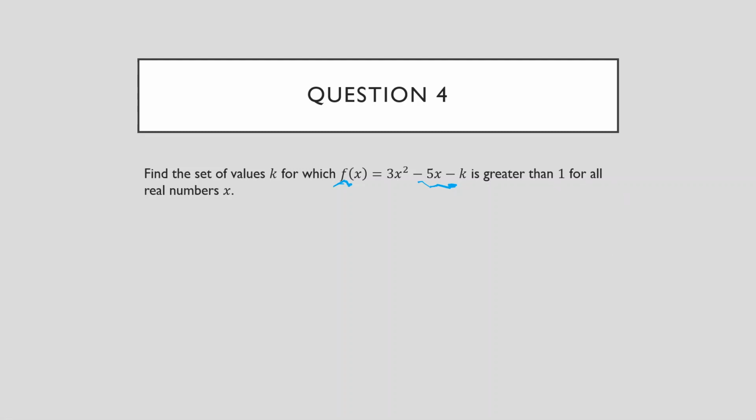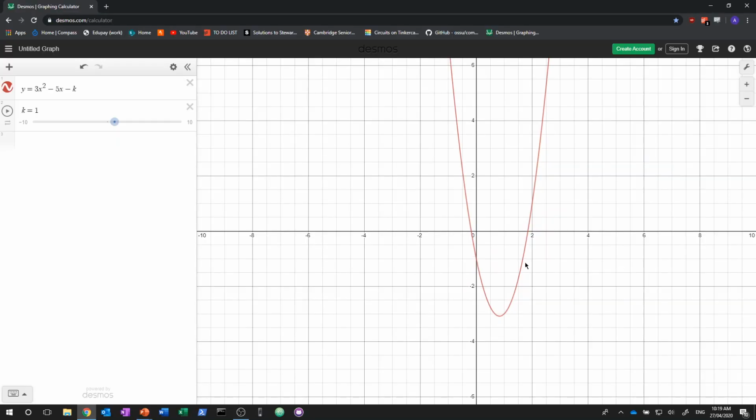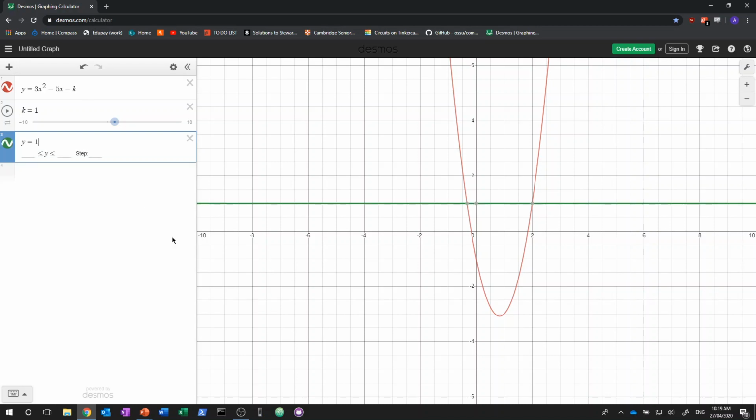So that's basically saying what value of k is necessary so that this graph is always above a y value of 1. Or if you prefer, y equals 1, like that. So if I play around with this slider, notice if I make k larger, the graph shifts down. If I make k smaller or more negative, the graph shifts up.